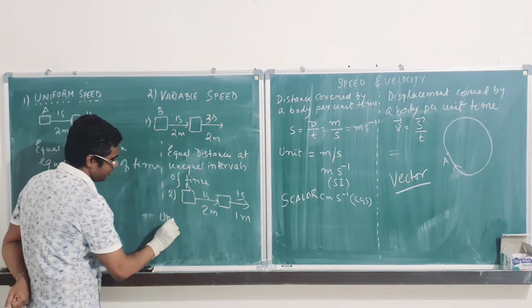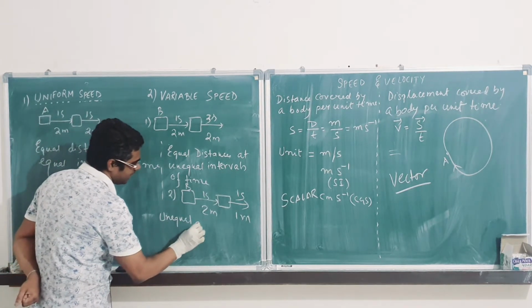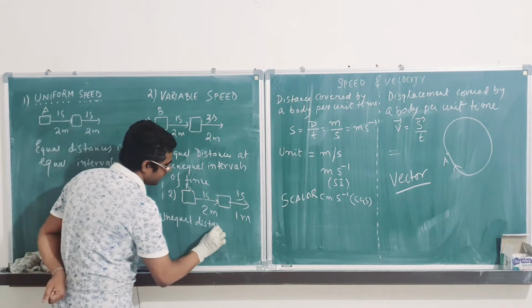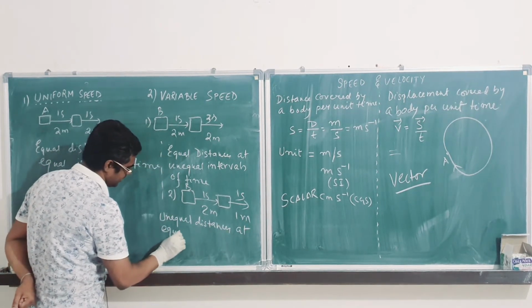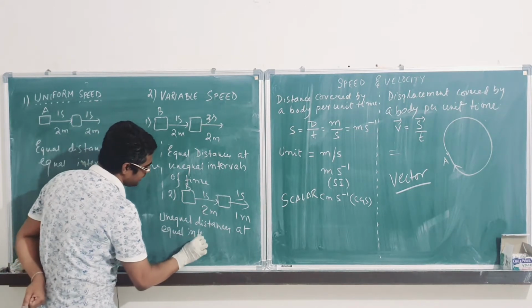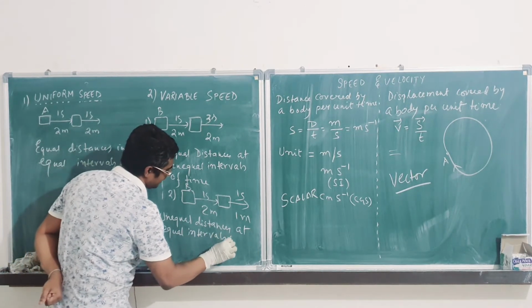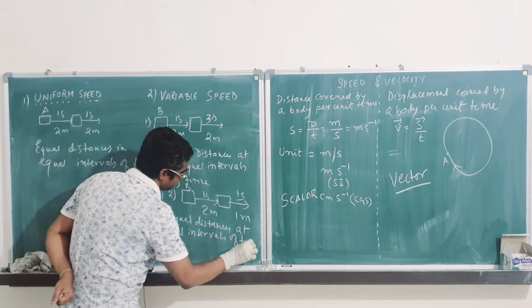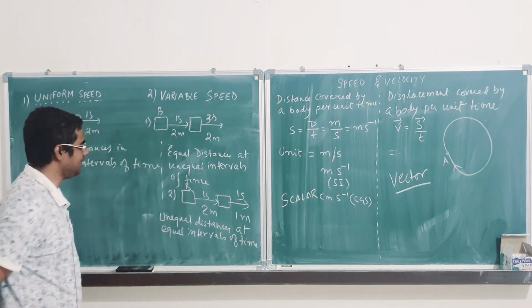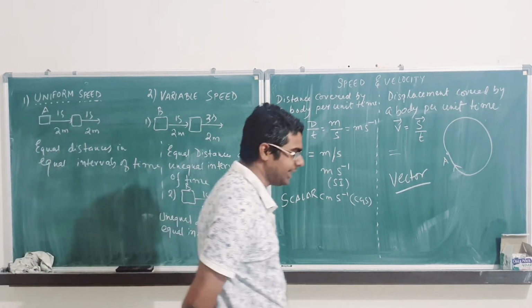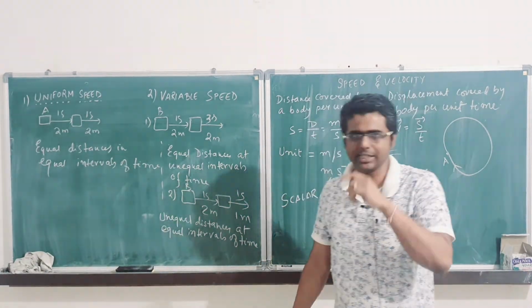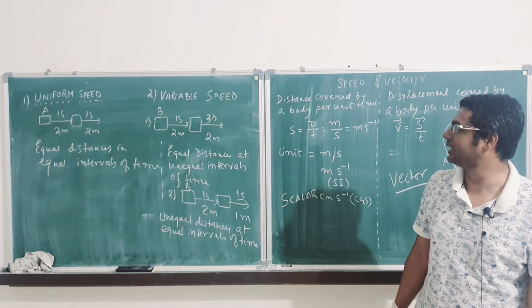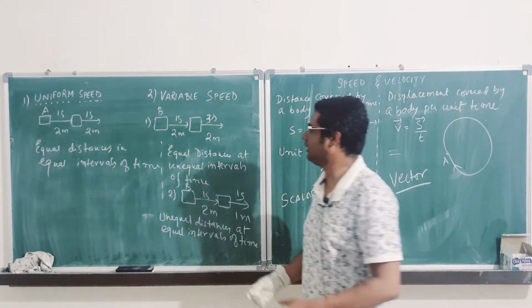So unequal distances at equal intervals of time means variable speed. Clear? Unequal distances at equal intervals of time.